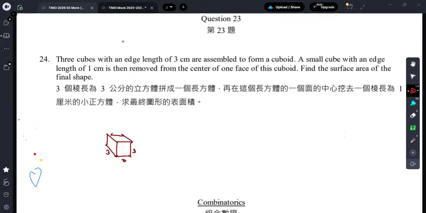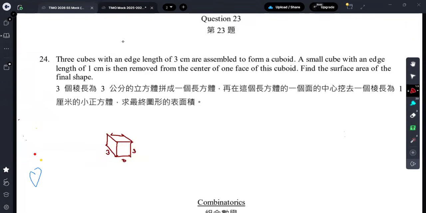A small cube with an edge length of 1 cm is removed from the center of one face of this cuboid. Find the surface area of the final shape. How will you do this one? Three cubes with an edge length of 3 are assembled to form a cuboid.